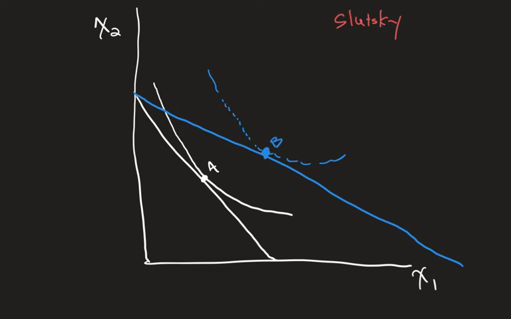So to find your income and substitution effects with Slutsky, we want to think about, in this instance, where the price fall has made us wealthier, taking away enough income so that you can still afford that same bundle as before. So we want a budget line that goes through A instead of U naught, that is parallel to the new budget line.